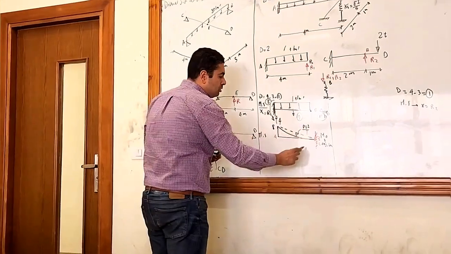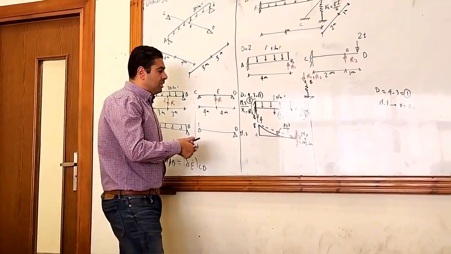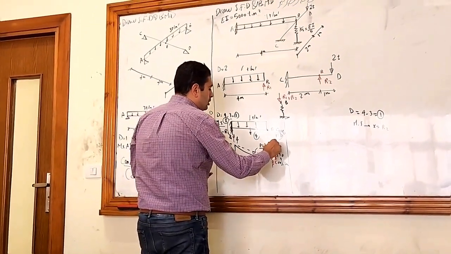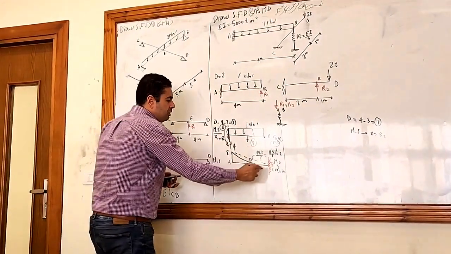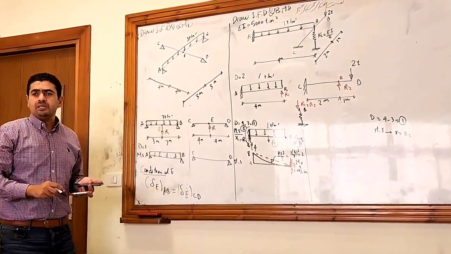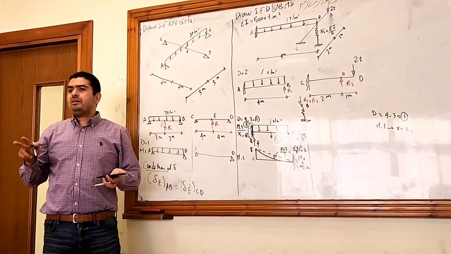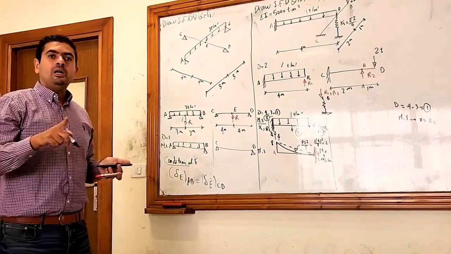So I need to calculate the areas of the bending moment first. What's the area here? Let's calculate the PL square over 8 first. It's 4 square divided by 8, which is 2. So will we make any splitting? Again, I have 2 positions. I have to split the areas of the moment. What is the first position?